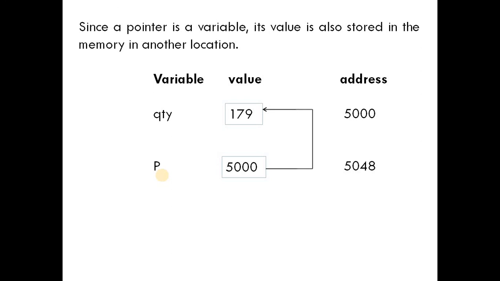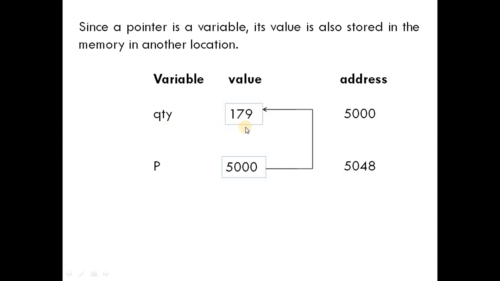Since the value of the variable p is the address of the variable quantity, we may access the value of quantity by using the value of p, and therefore we say that variable p points to the variable quantity. Therefore p gets the name pointer.